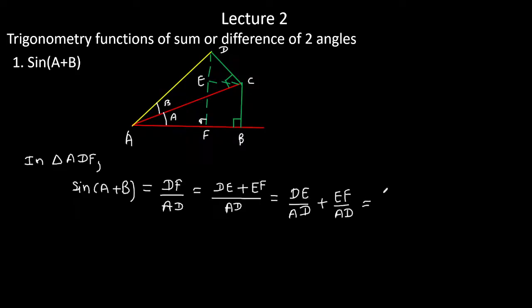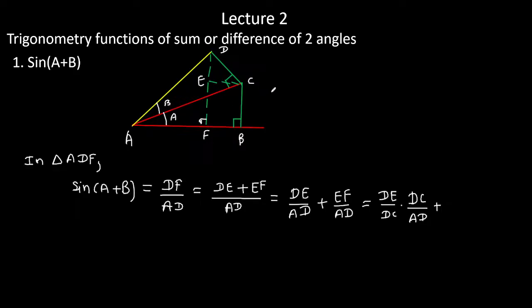Further going, we divide and multiply DE by DC upon AD, plus we have EF.